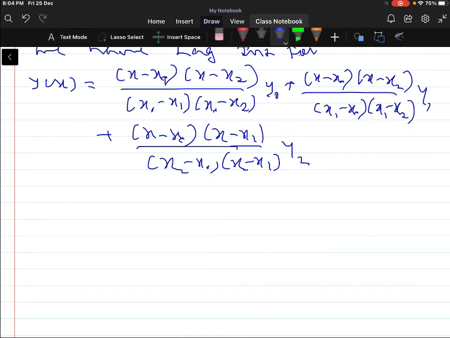So this is Lagrange's interpolation formula for the corresponding given data points.